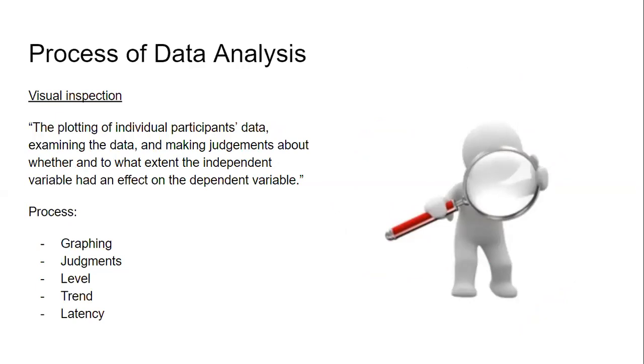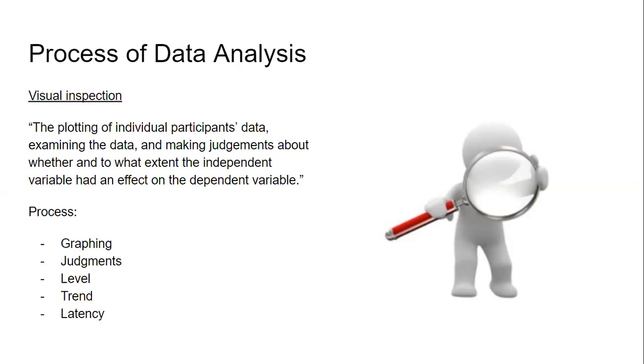You have your visual inspection, where you collect all the data that you have and you usually graph it in some form, and you make your judgments based on looking at different aspects. We have levels, trend, and latency that you're going to be looking at. Levels is looking at the changes of the dependent variable from one condition to the other. If you have higher or lower in one condition, then you can see the treatment had an effect or did not.